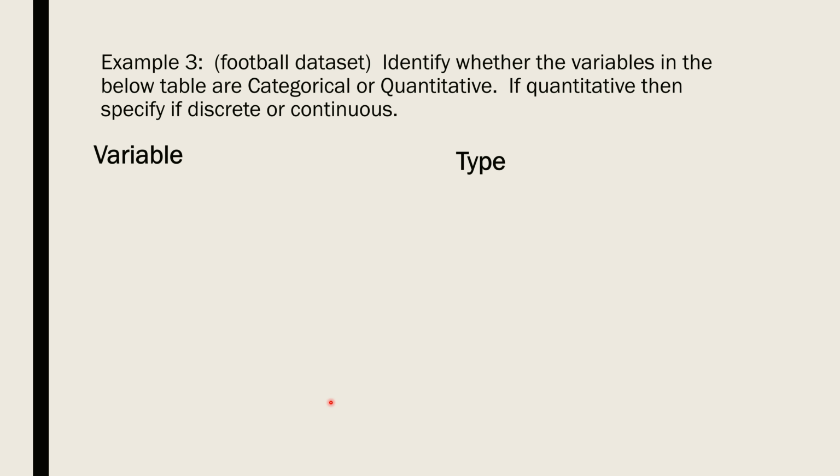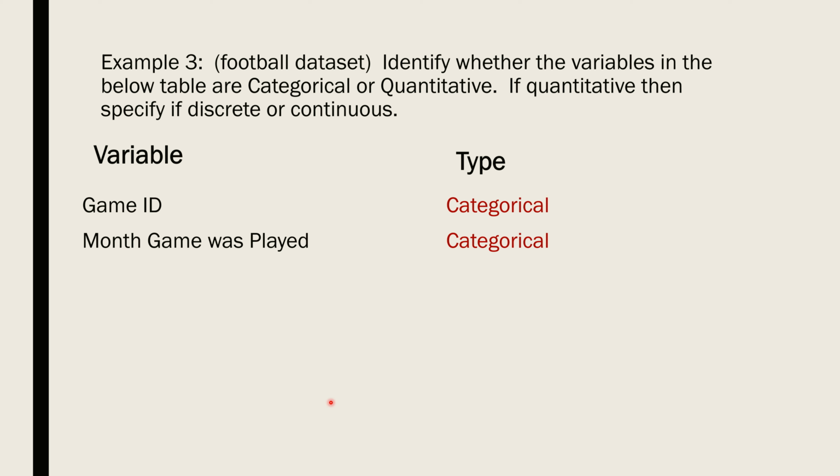Example 3. Identify whether the variables in the below table are categorical or quantitative. If they are quantitative, then specify if they are discrete or continuous. First, game ID. It should be categorical. Month the game was played. It also should be categorical. Conference versus out of conference game.